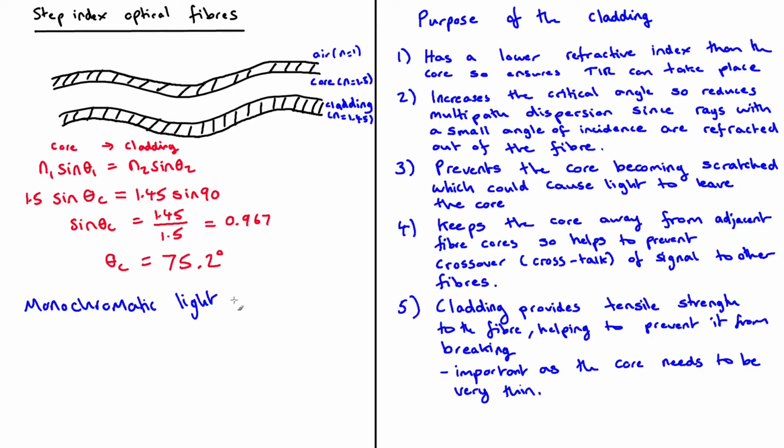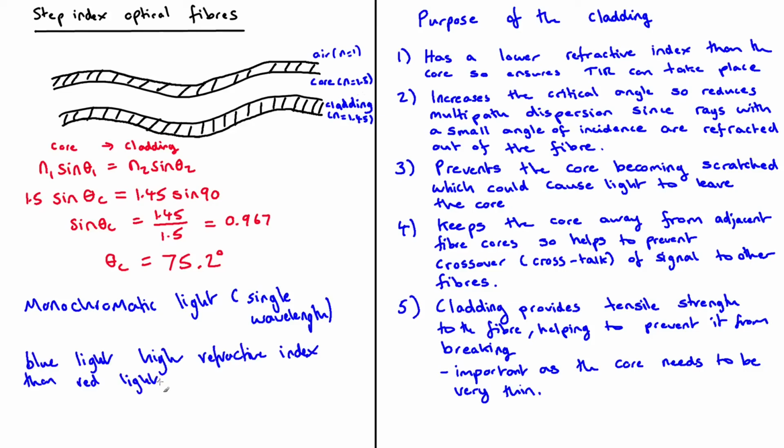The reason for that is that the refractive index in the core of blue and red light, different wavelengths of light, will be slightly different. For example, blue light has a higher refractive index than red. Remember, if it's got a higher refractive index, that's because it's travelling slower in that material. So if blue light travels slower than red light, even if it's taking the same path through the fibre, it's going to take longer to reach the end of the fibre.